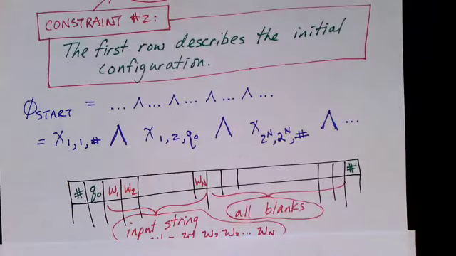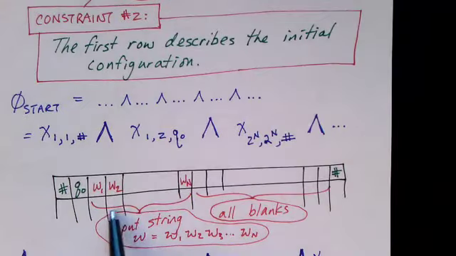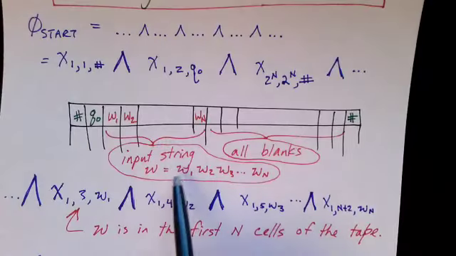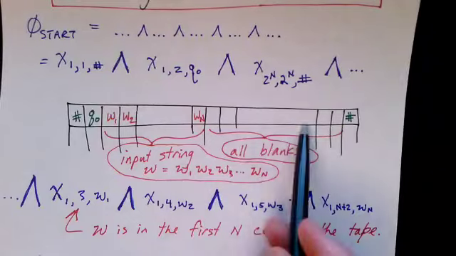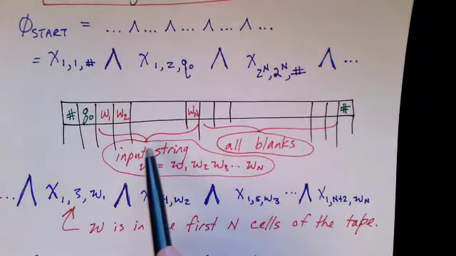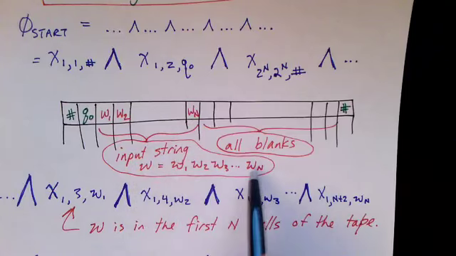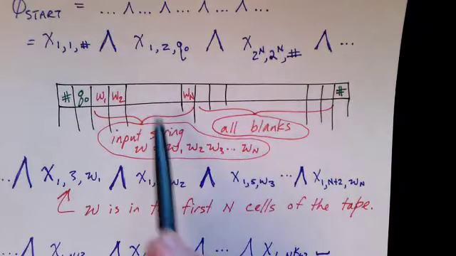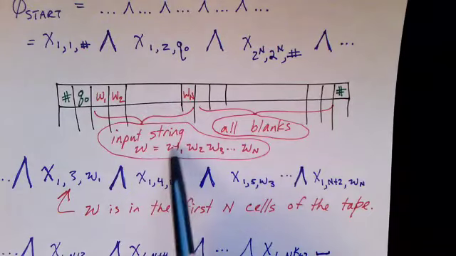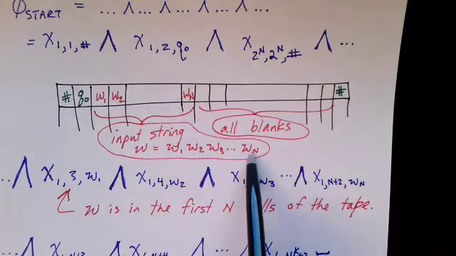Now the next part of this piece is that the input string should occur at the beginning of the tape, and the rest of the tape should be all blanks. Our input string has n characters in it, and we've used w for the input string, so the pieces of that are w1, w2, and wn.